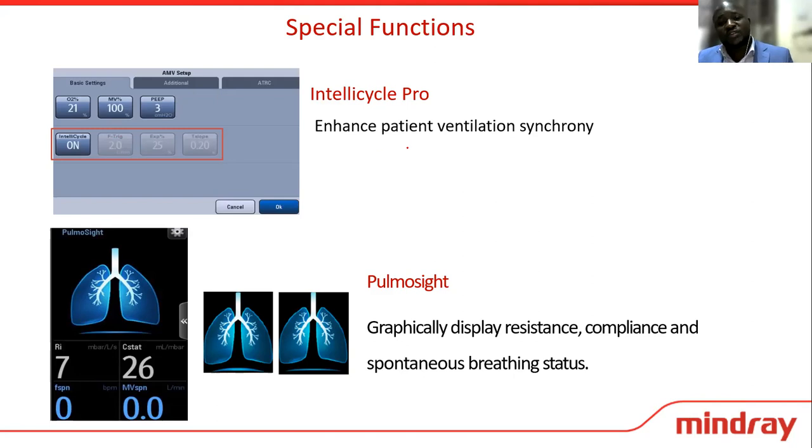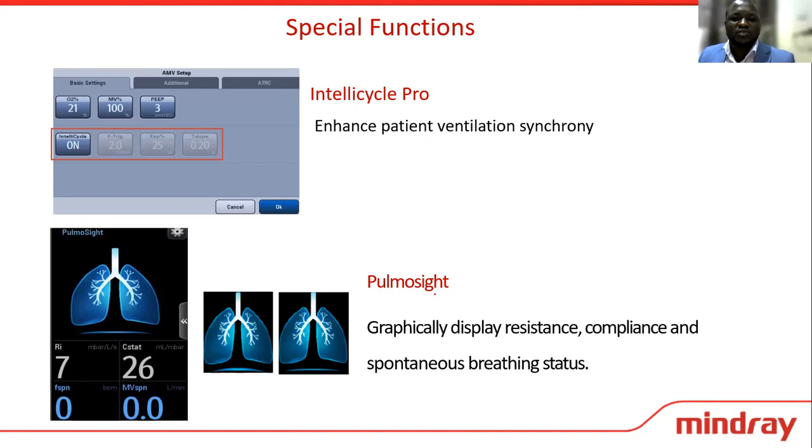The only option they have is to sedate these patients and even paralyze them for them to have efficient ventilation. With our SV300 having this IntelliCycle Pro feature, it's able to intelligently recognize the patient's effort and synchronize with the patient's breathing patterns, thereby improving synchrony. With this, you are guaranteed good ventilation status of your patient.